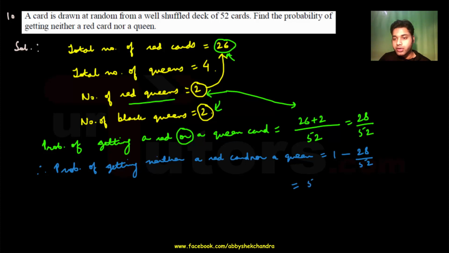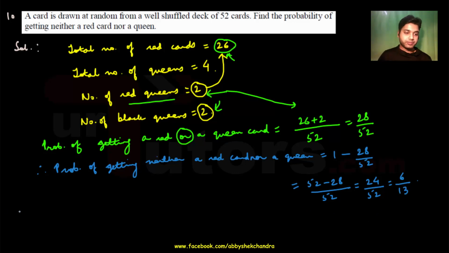So that will be equal to (52 minus 28) by 52, that will be 24 by 52, which will be 6 by 13. That is the answer.